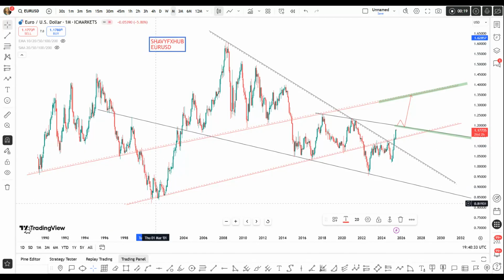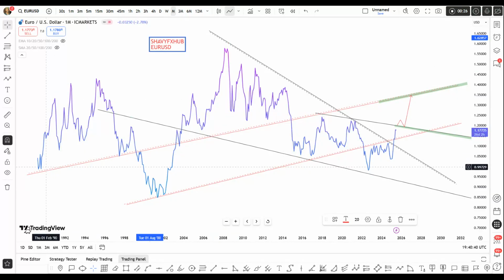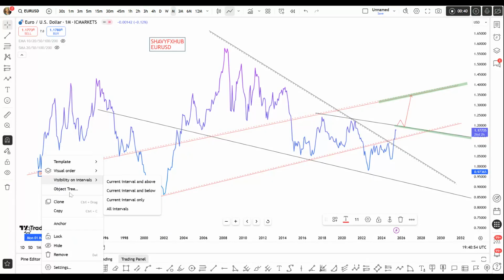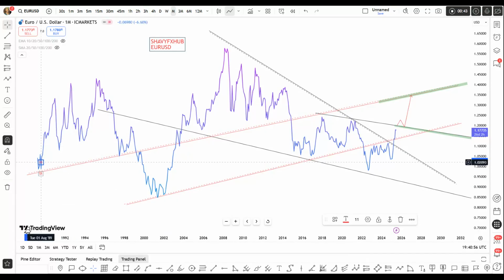So on a monthly time frame, the most important price action for us here is to see what price has done here from 1990. We created an SR level at that level. After the break of that structure, we had here an RT/RS.